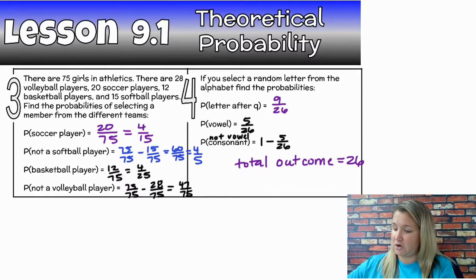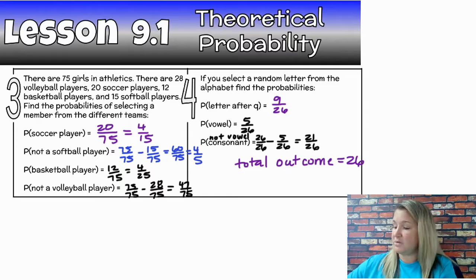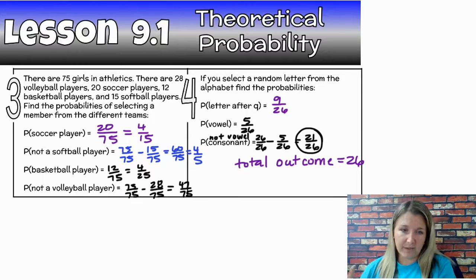Or I could say, hey, there are 5 vowels. I know that 26 minus 5 is going to be 21. So that's going to be 21 out of 26. So I would rewrite this as, instead of 1, 26 over 26 minus 5 would be 21 over 26. Again, the same process, but you take that 1 minus.